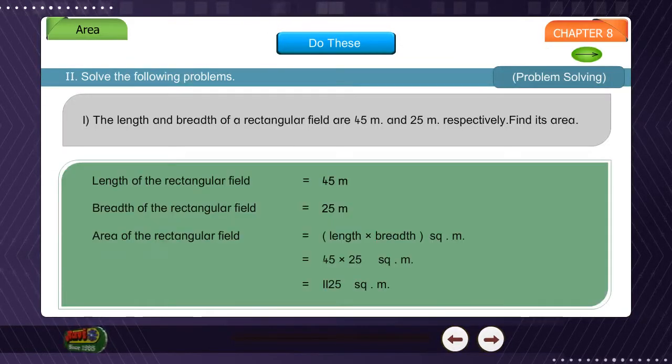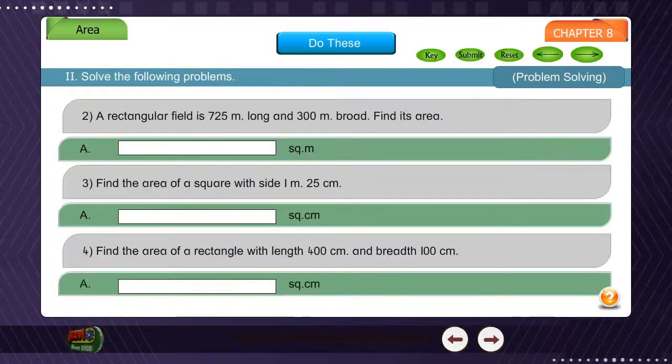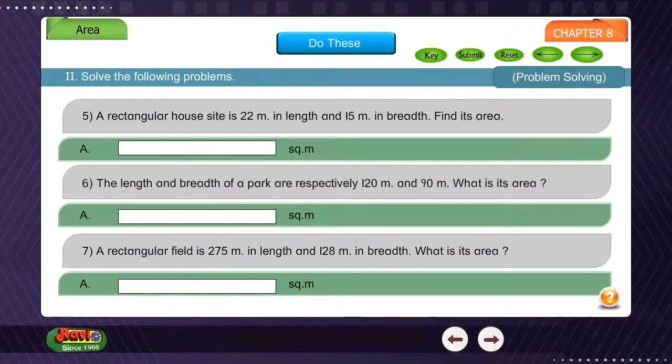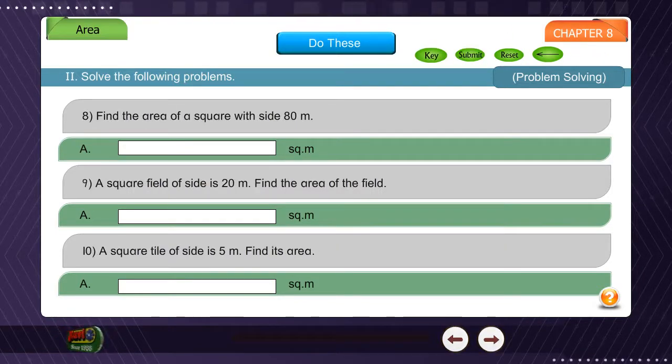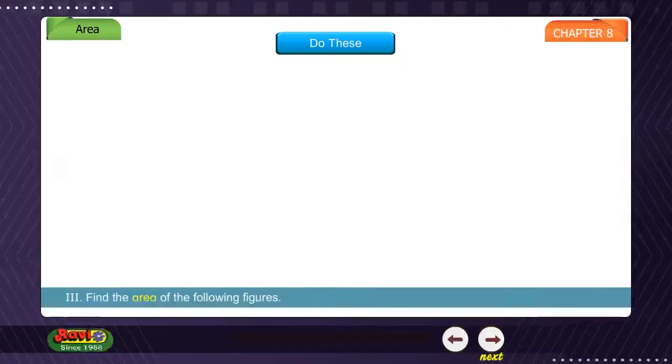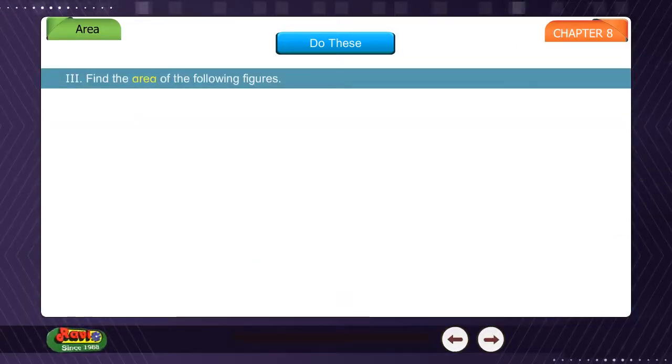Problem solving. 3. Find the area of the following figures. Problem solving.